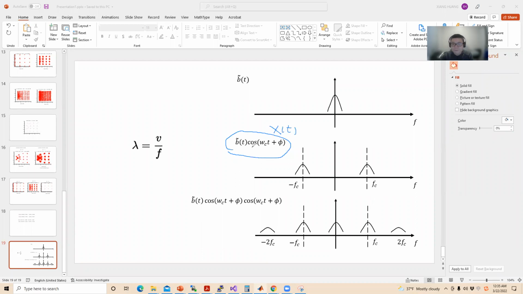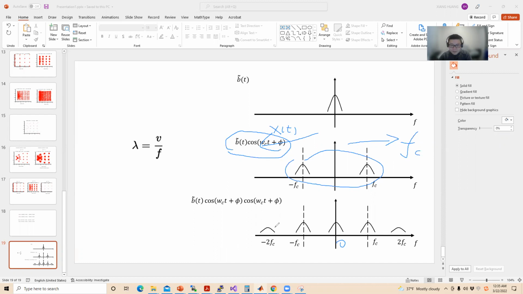Since the cosine function shifts the signal to the left and to the right by fc in the frequency domain, if we shift these two peaks to the left and to the right by fc, you will see there are 5 peaks here, located around minus 2 fc, minus fc, 0, fc, and 2 fc.